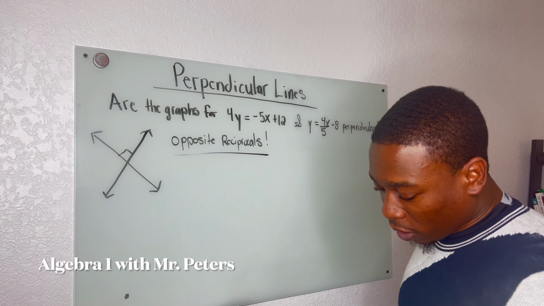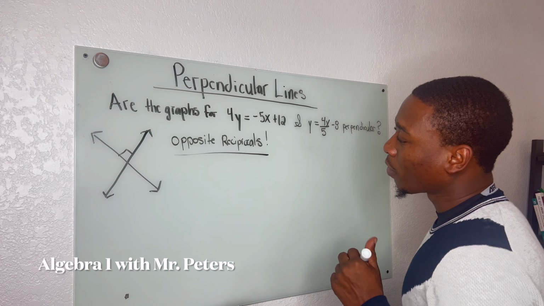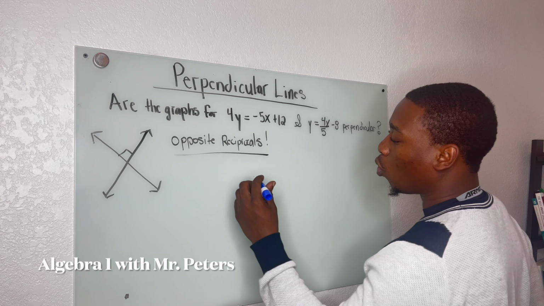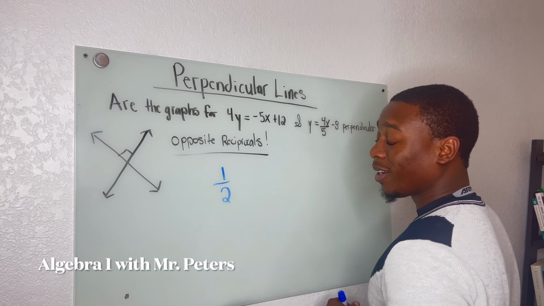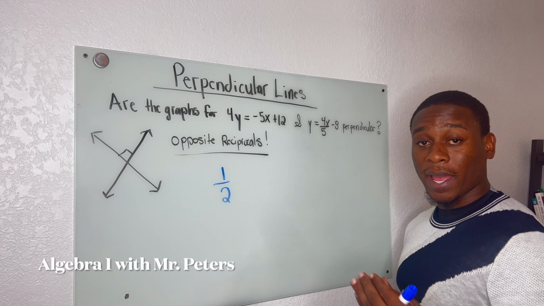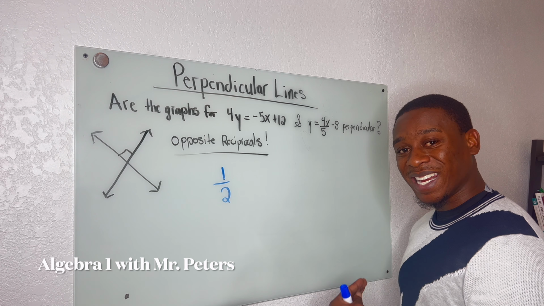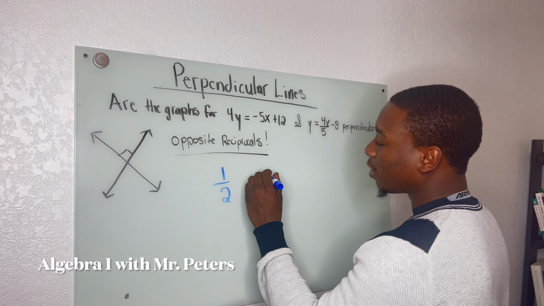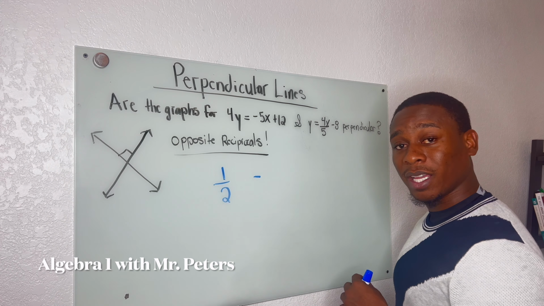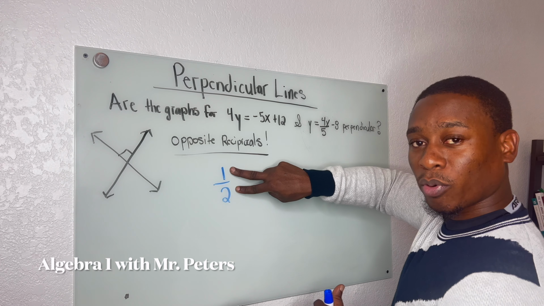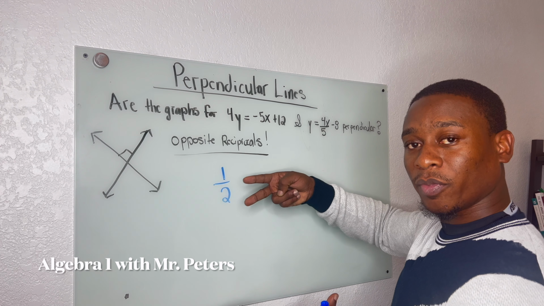All right. So before we even solve or try to break this problem down, let's talk about what opposite reciprocals are. So take for instance, we're talking about 1/2, right? So we need to understand that the opposite of positive 1/2 is going to be negative. So we already know that this second number, or the reciprocal, I should say, is going to be negative. And then understand that the reciprocal means we flip the number.